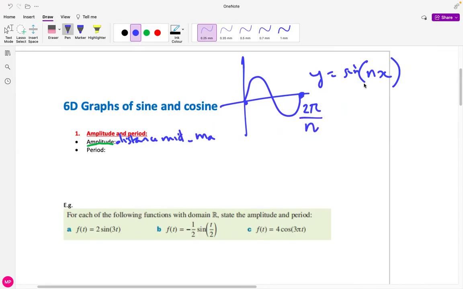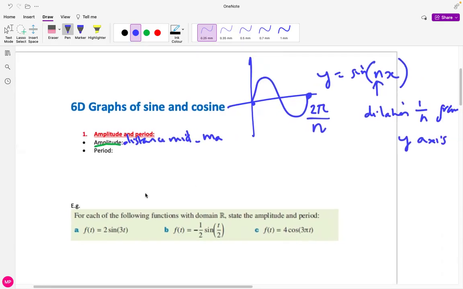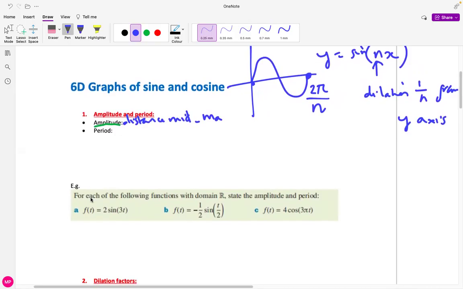Okay. This is because this is a dilation by a factor of 1 over n from the y-axis. So it's affecting the x value by multiplying the period by 1 over n. All right. So to summarize, the period is 2 pi on n.